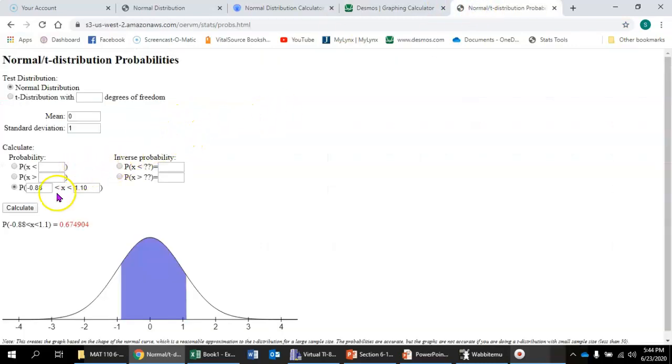If we use this website, we would select the second of the three, the probability of x being greater than, and we'd put in our number, negative 1.90, hit calculate, and here it shows it, and there's the answer, 0.9713.